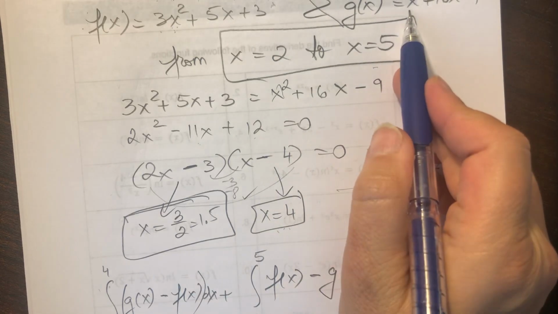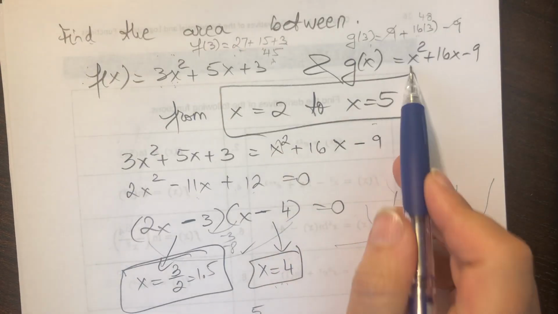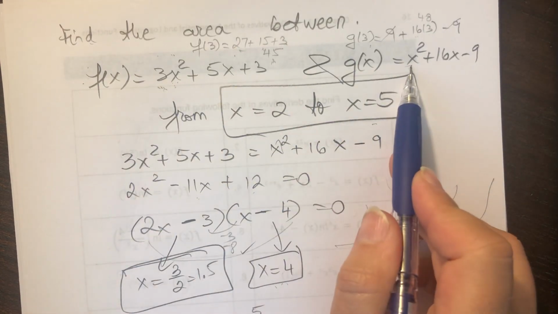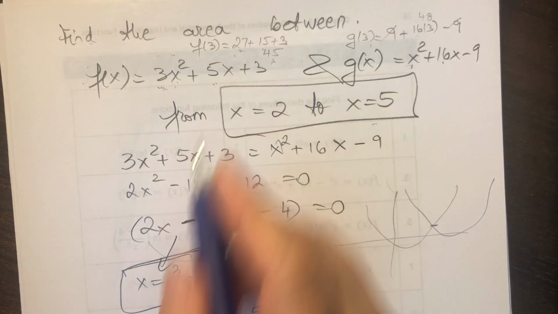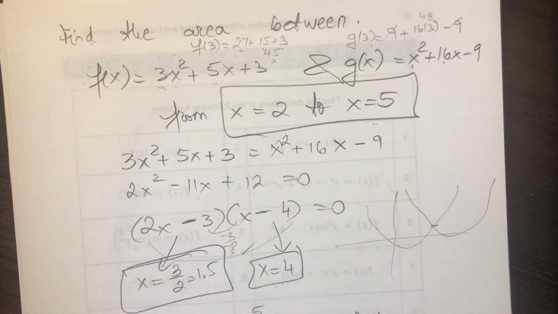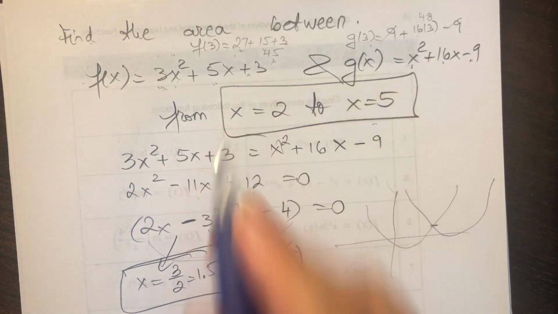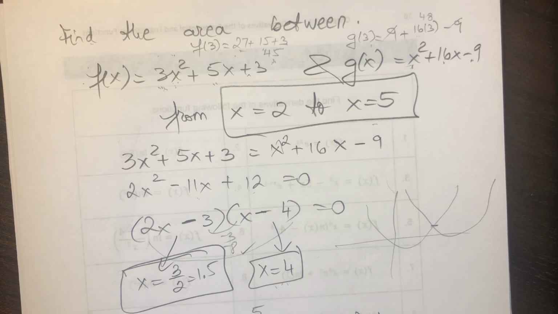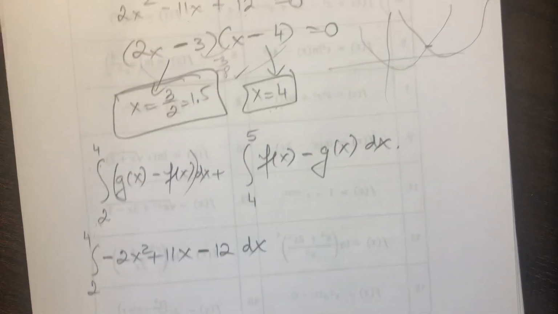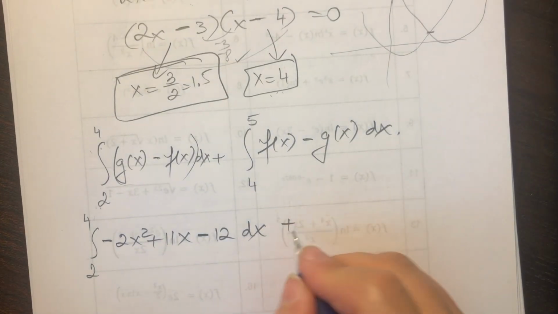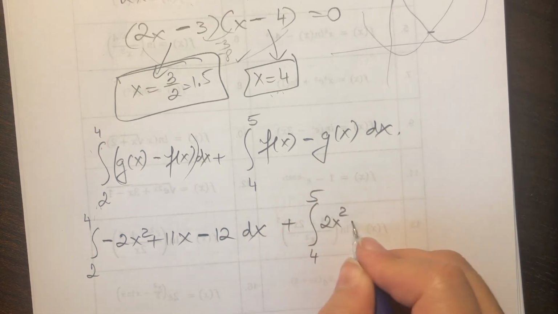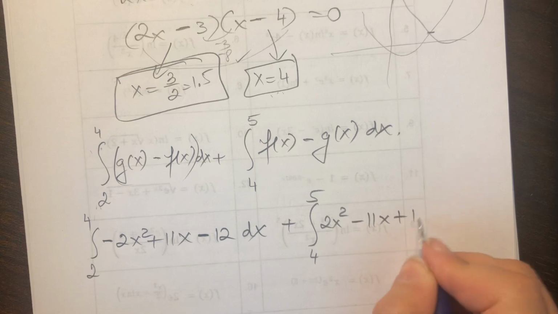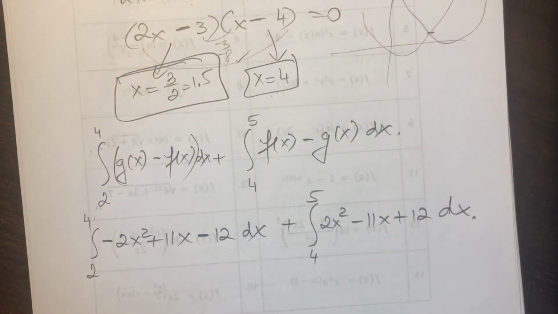I'm just going to do this in my head. g of x minus f of x. So 1x squared minus 3x squared is negative 2x squared. 16x minus 5x is positive 11x. And negative 9 minus 3 is negative 12. Now, from 4 to 5, it was backwards, so all these terms are going to have the exact opposite signs.